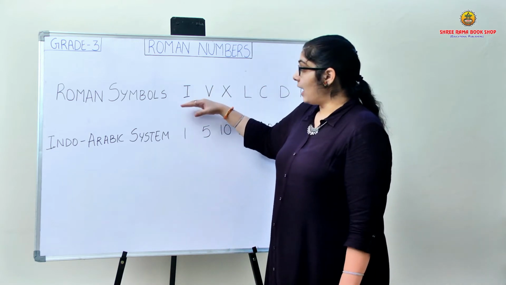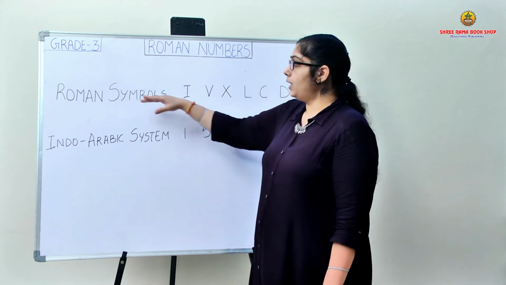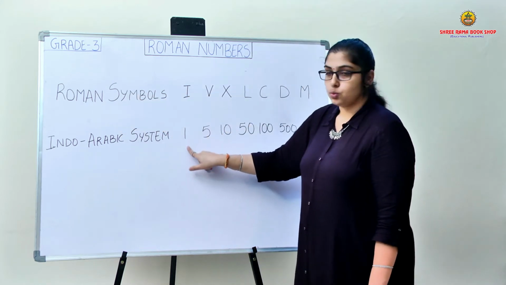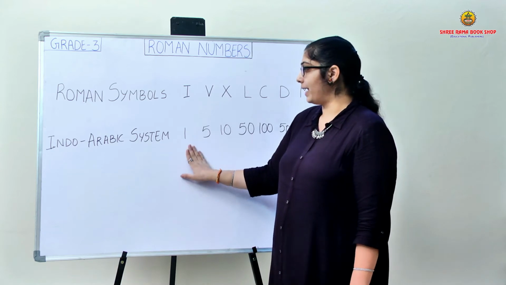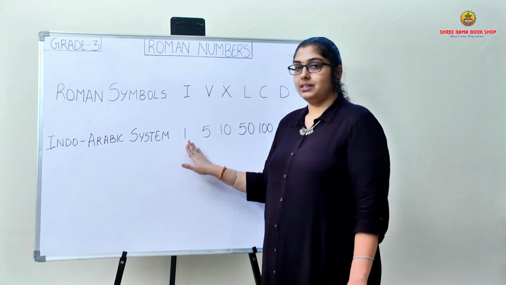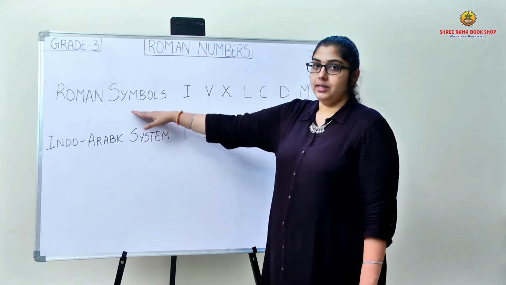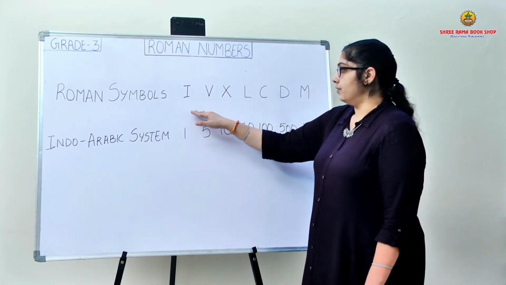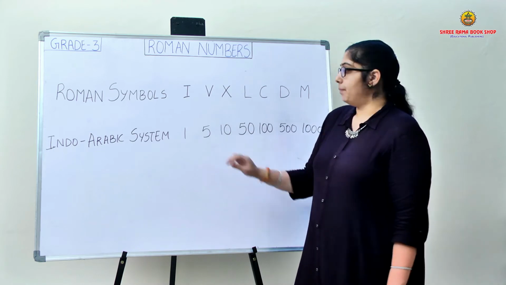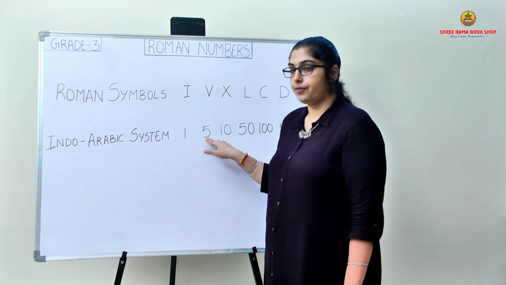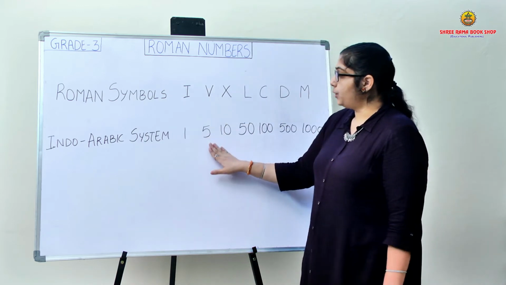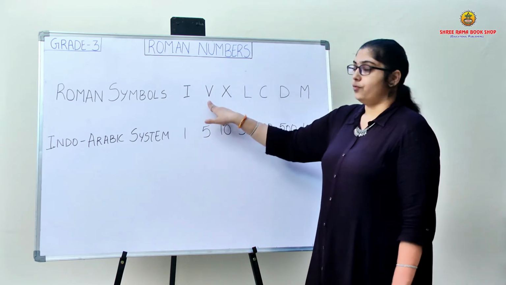The symbol I represents 1. So if you want to write the digit 1 in Roman, we represent it with I. If we want to write the number 5 in Roman, we represent it with V.